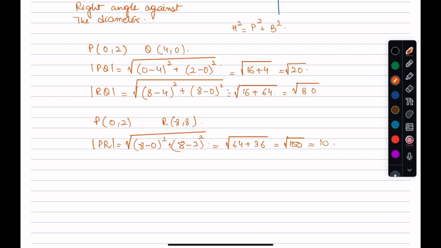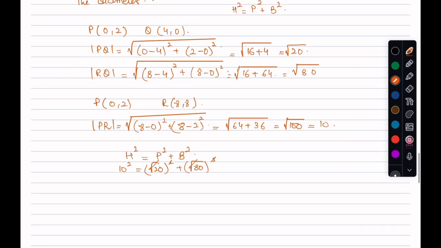So applying the Pythagoras theorem, we already discussed h squared equals p squared plus b squared. Substituting the values, it's 10 squared equals root 20 squared plus root 80 squared. The radical and square get cancelled.